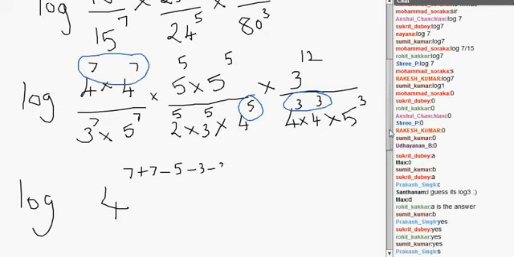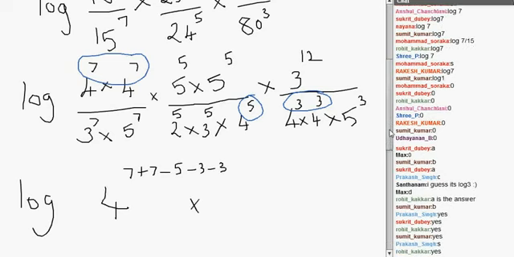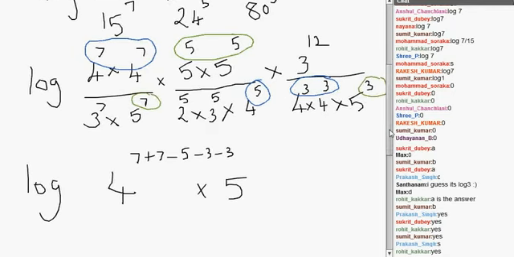Am I correct? Is this part clear? Then into, let us concentrate on the powers of 5 now. So wherever 5 we have, here, here and here, basically that will be 5 plus 5 minus 7 minus 3.